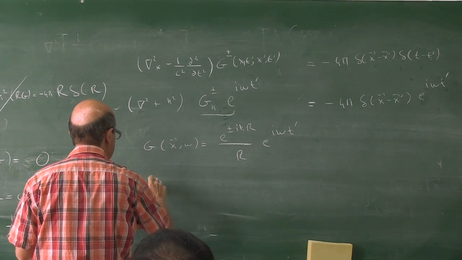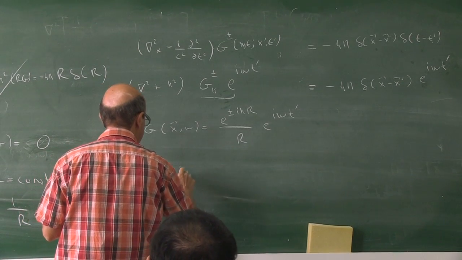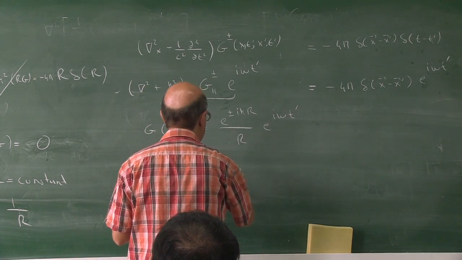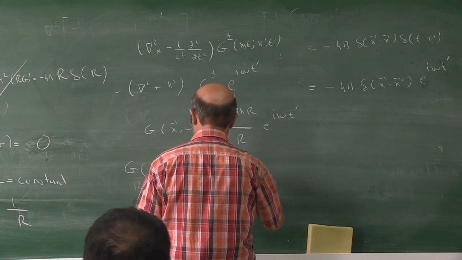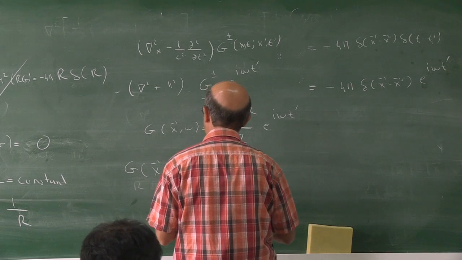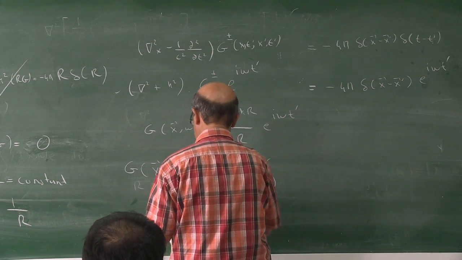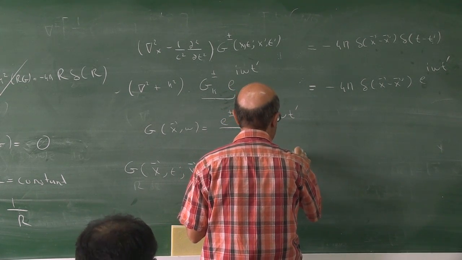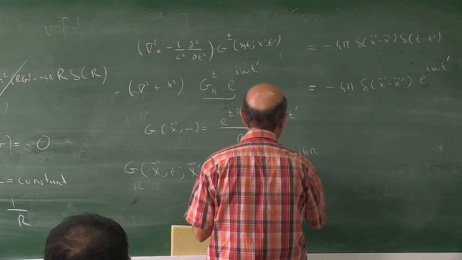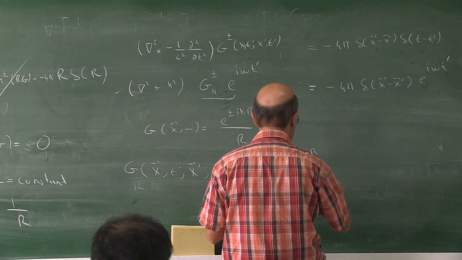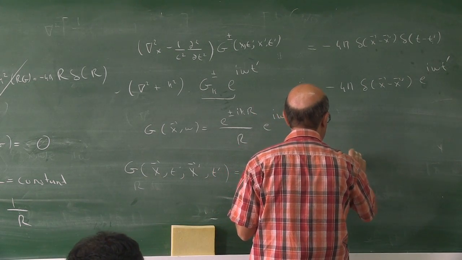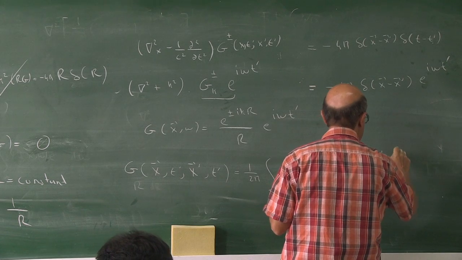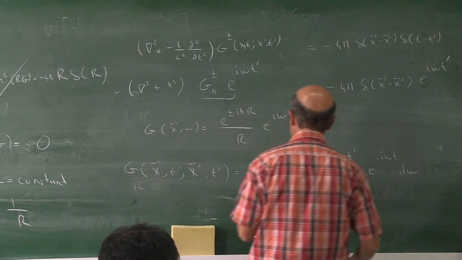The Green's function G(x, t; x', t') will be 1 over 2 pi, the Fourier transform of the Green's function, e to the plus minus ikr over r, e to the i omega t, times e to the minus i omega t' d omega.